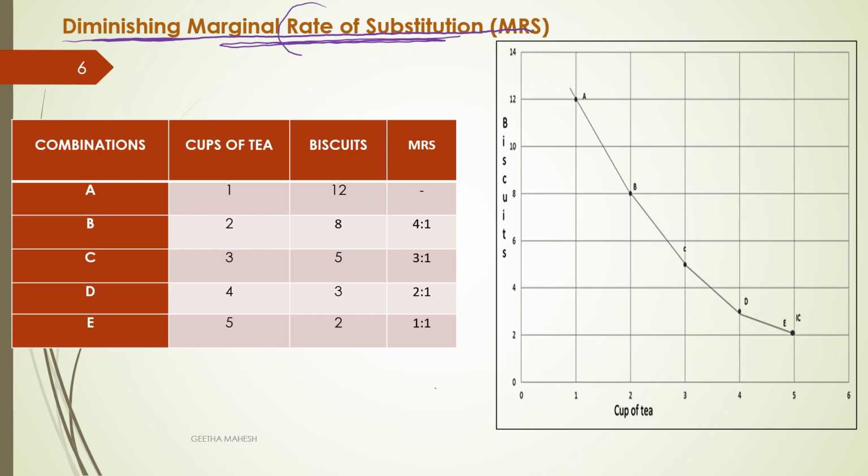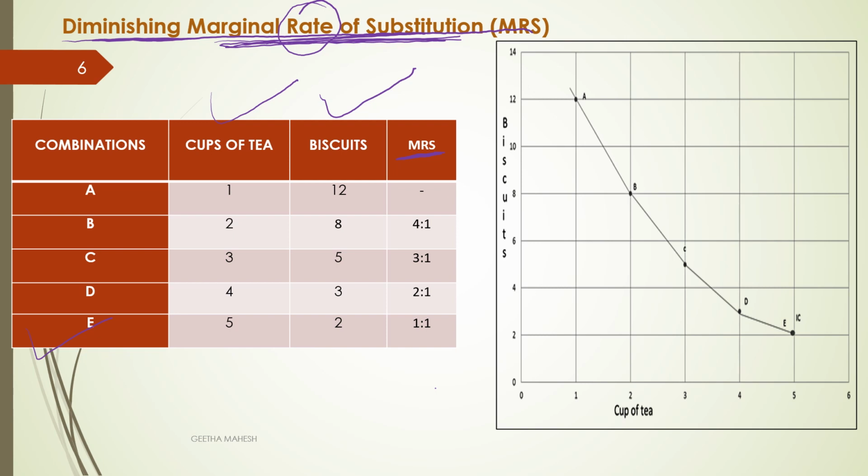The rate at which one commodity is sacrificed to gain an additional unit of another commodity is called the marginal rate of substitution. The short form is MRS. You can see in this schedule there are different combinations.